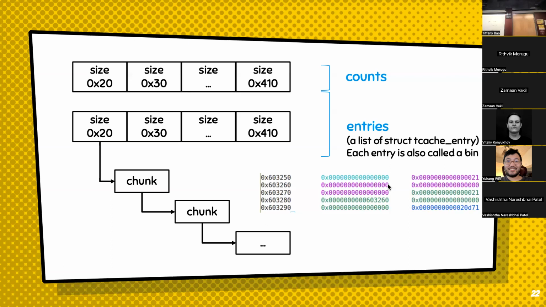And then the gray chunk points to the purple chunk, right? And then back with this bin, it will store the address of the gray chunk, which is 3280.